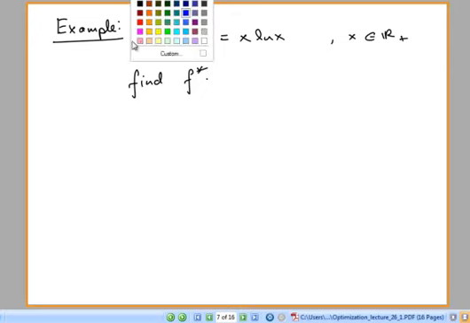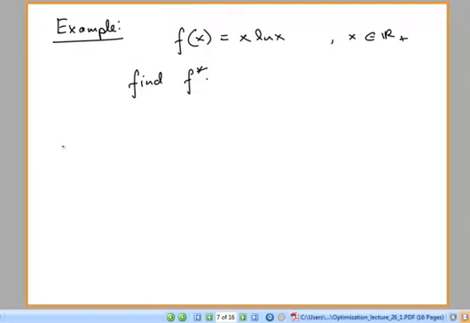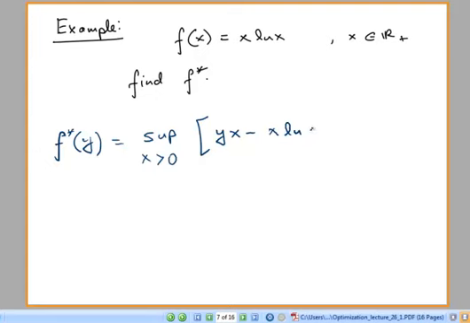Alright, so let's start with the definition. What is f star of y? f star of y is, by definition, the supremum over all positive x of y transpose x, but as y is a scalar and x is a scalar, so basically yx, minus f of x, and f of x is x times log of x.